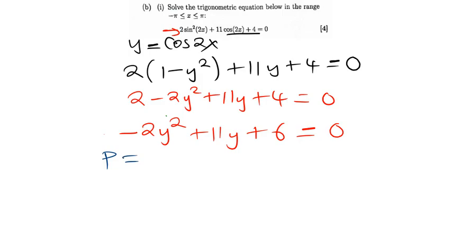The product, negative 2 by 6, is minus 12. The sum is 11. Think of any two numbers we can multiply to give us negative 12 and when you add them, they give you 11. I can think of 12 and a negative 1. These are the two factors we can think of.